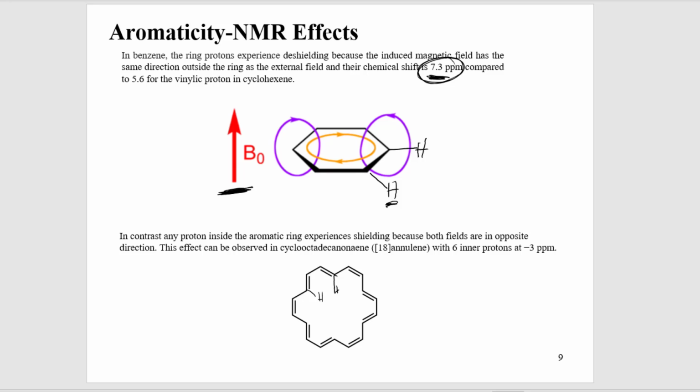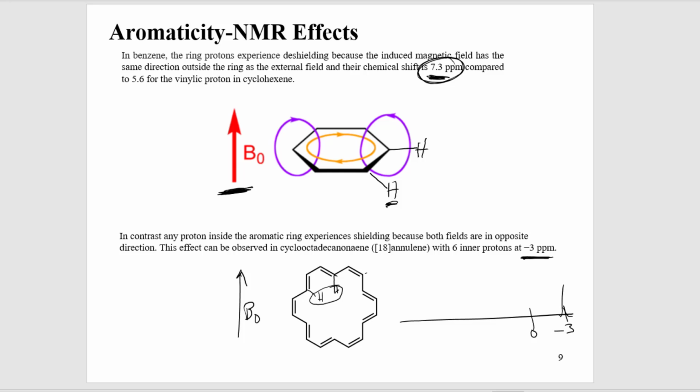And so these inner protons are shielded because of the induced internal resonance field, which opposes the external field, B0, and we actually see the internal hydrogens of this system at -3 ppm, way upfield.